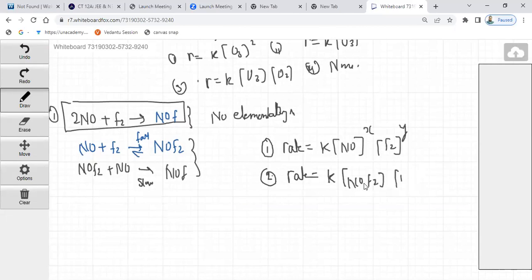This is an elementary chemical reaction, so the powers will be 1. With the help of the slow reaction, we are able to find the rate value.